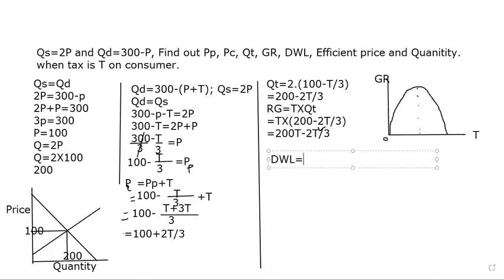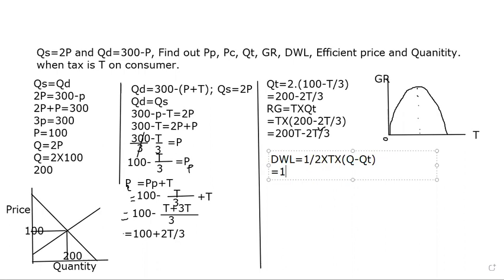For deadweight loss, the formula is 1/2, then tax times the quantity of production change due to imposing tax: initial quantity minus the quantity after imposing tax. If we put the value, then we will get our deadweight loss.